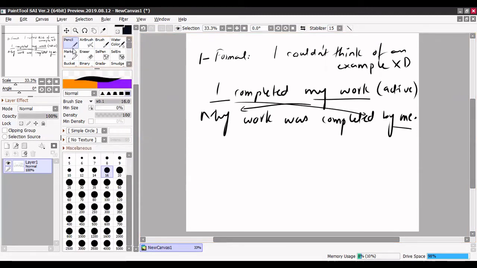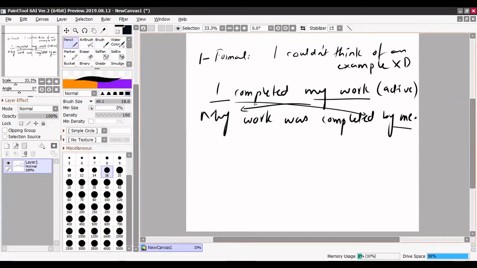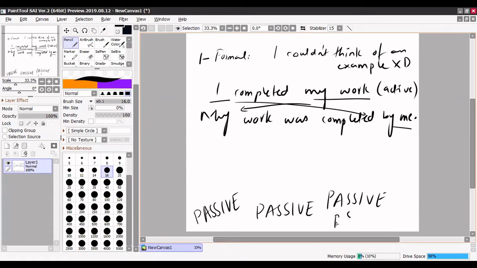If you continuously use passive voice, then your sentence becomes way less powerful. When you're writing in active voice, your sentence structure is more powerful, it's more engaging. But when you use passive voice, you sort of take away power from your writing. So try to use passive voice as little as you can. Try to incorporate it into sentences that actually need passive voice.